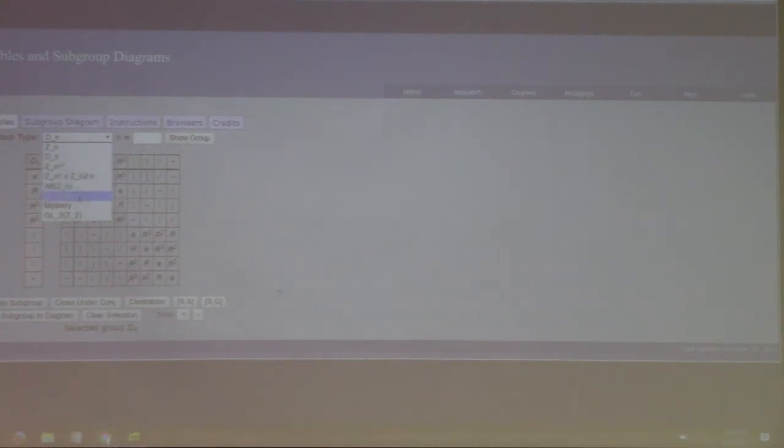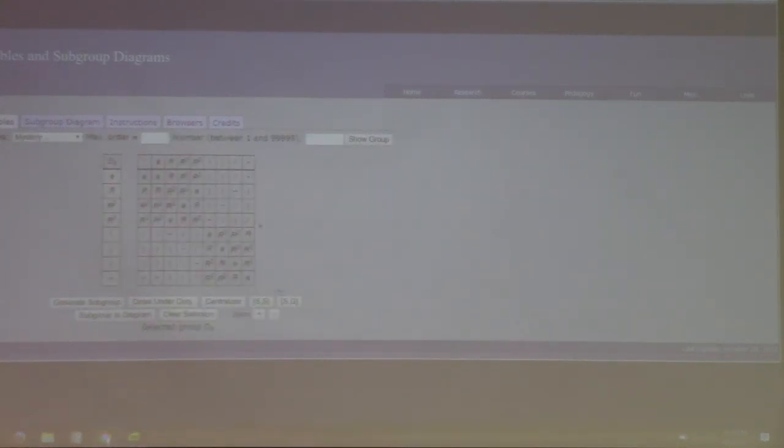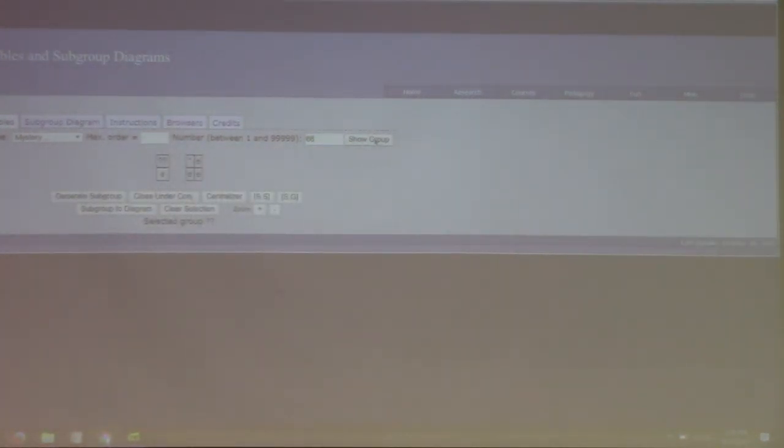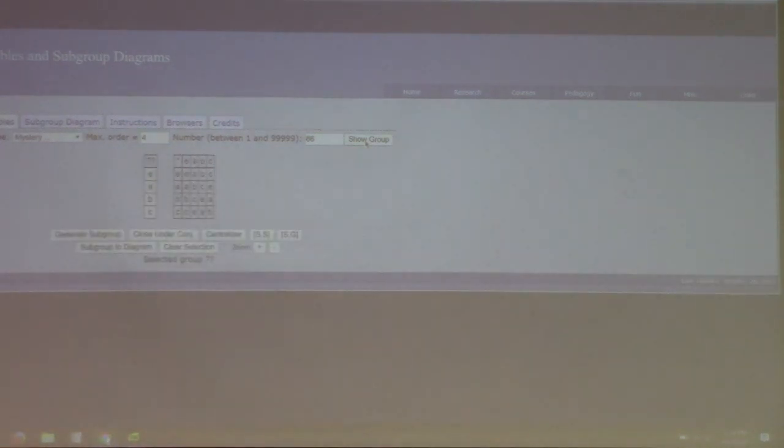What else has it got? Mystery. Whoa. What is this? Oh, I think the game here is to identify which group it is. Maybe.